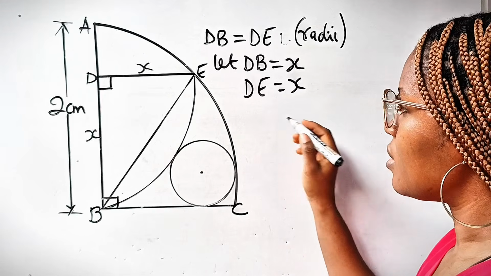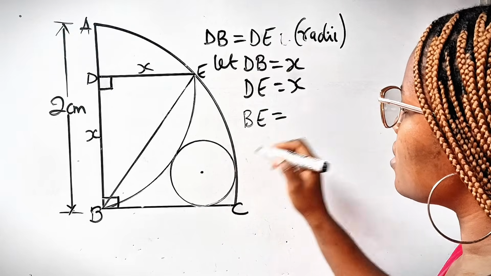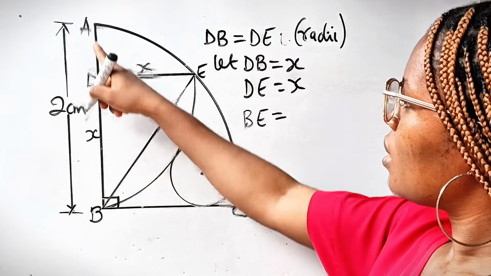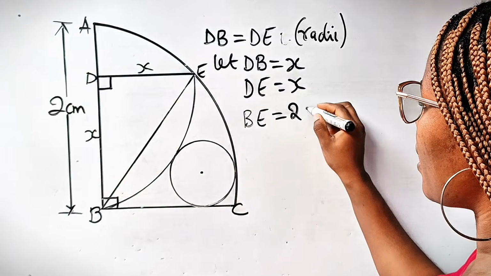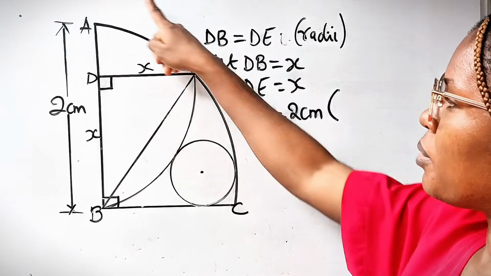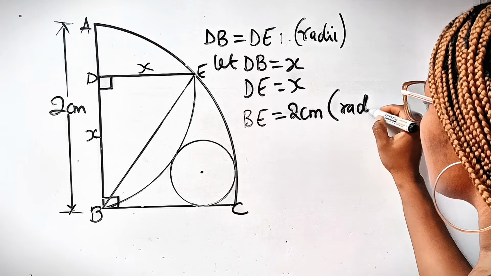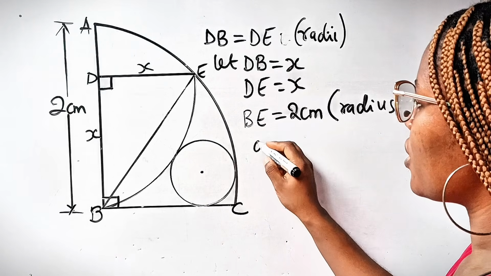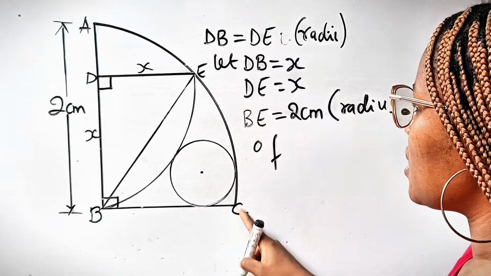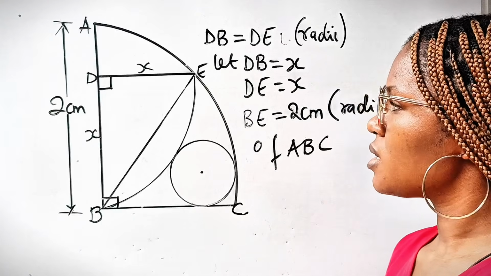Now note again that BE is equal to 2 centimeters. Why? Because it is the radius of the bigger quadrant, right? This is the radius of quadrant ABC.